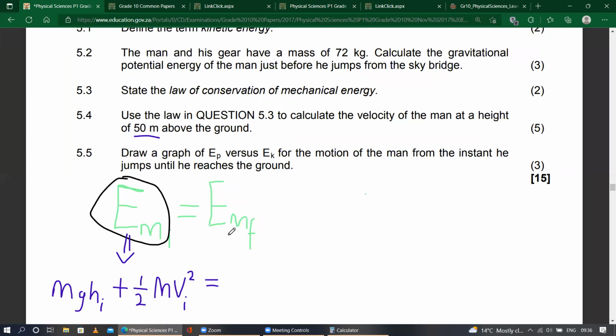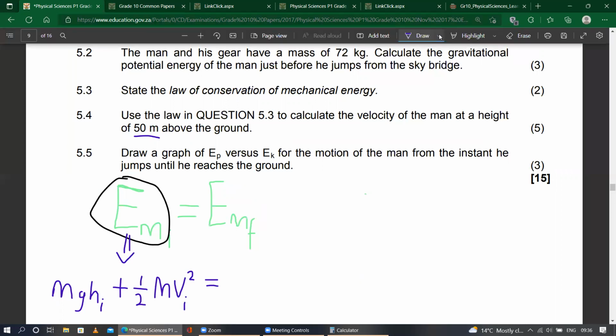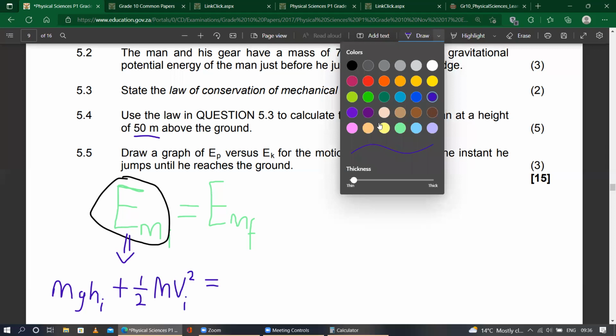Then this, let me just get a different color, whichever works.